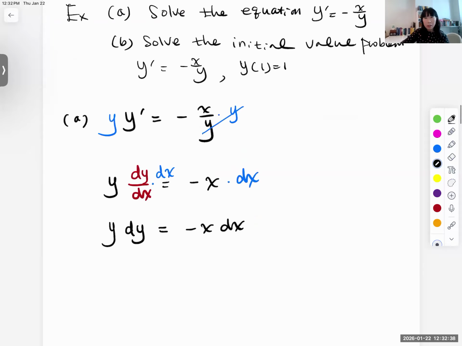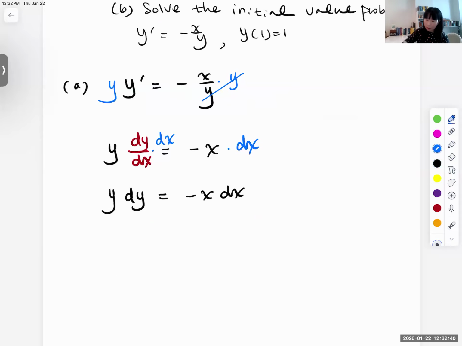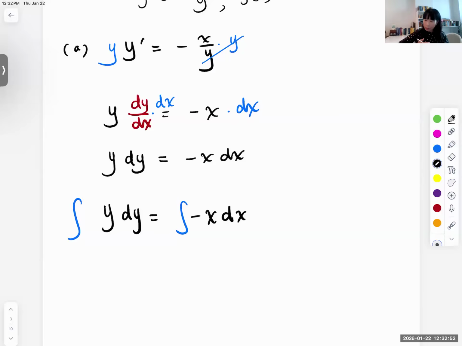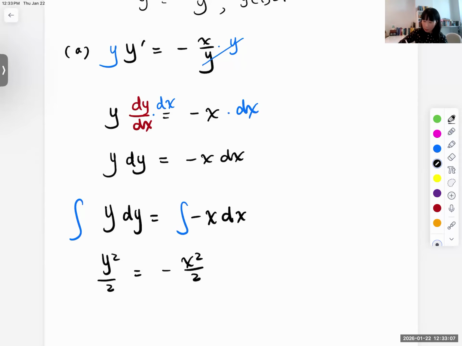Now take the integral of both sides: y dy equals minus x dx. On the left side, we get y squared over 2. On the right side, we have a negative sign, x squared over 2, the antiderivative, right? And plus C.